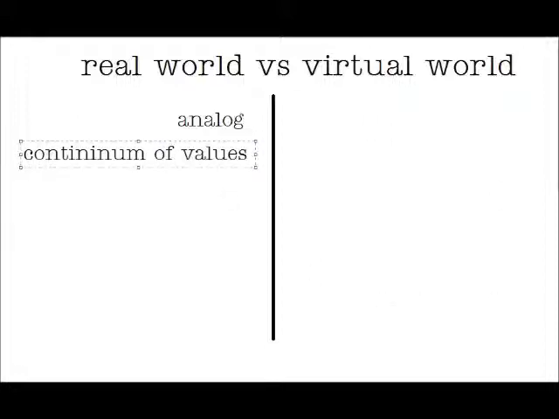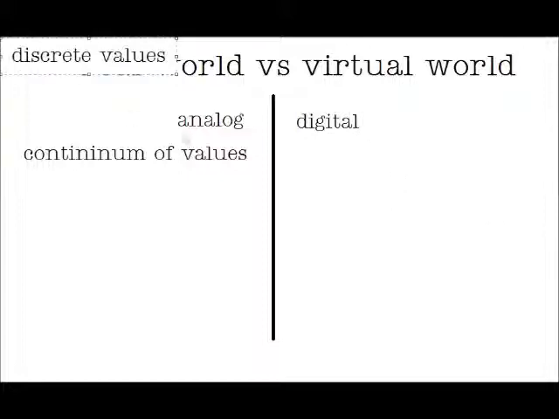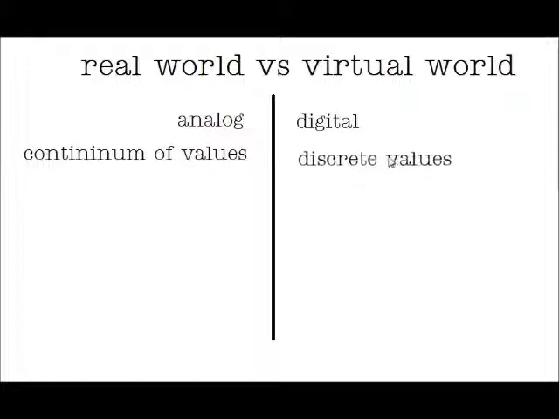In the virtual world, things are represented digitally. So it's basically analog in the real world versus digital in the virtual world. And what we mean by digital is that quantities are represented by discrete values.